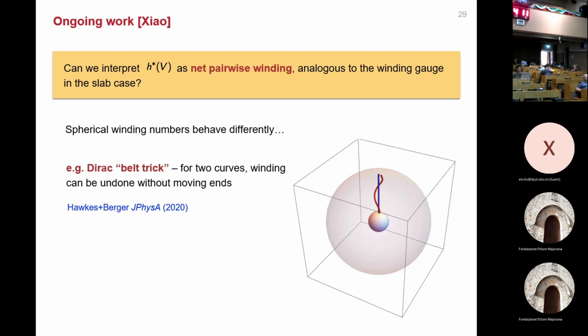And as Mitch mentioned, if you fill up the field with other curves, you see that when you do this maneuver, you induce a twist in the surrounding curves. So it's like a framing; you've got to take into account the framing of these curves. But it poses us a little bit of a problem for how we define the individual winding numbers. So this is something we're working on, and hopefully it'll be a fruitful thing to look at. Fingers crossed, as Chris is saying.